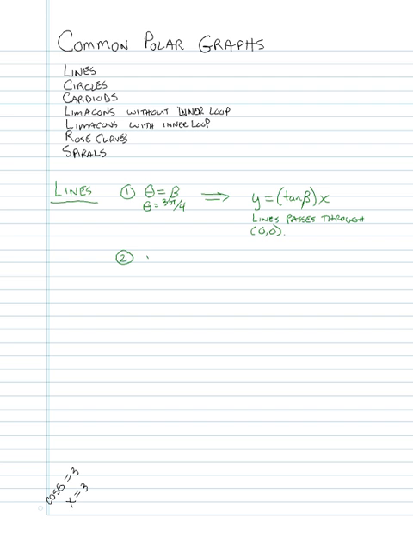The second type that we will look at is if we have something of the form r times cosine of theta equal to some constant, say constant a. In this case, that is a simple vertical line, because r cosine of theta can be replaced with x. So this ends up being x equal a, which obviously is a vertical line.